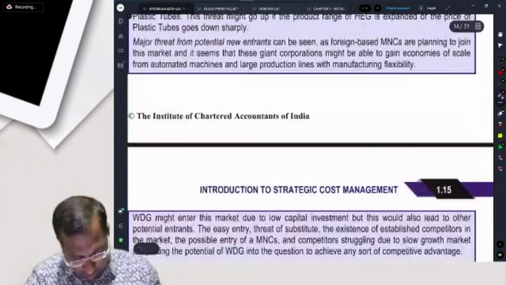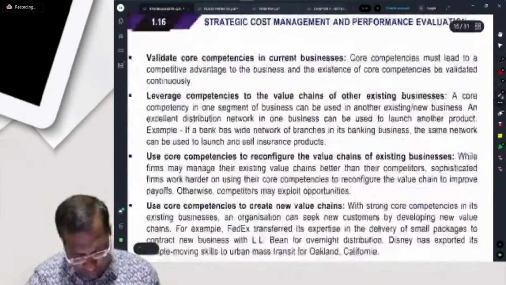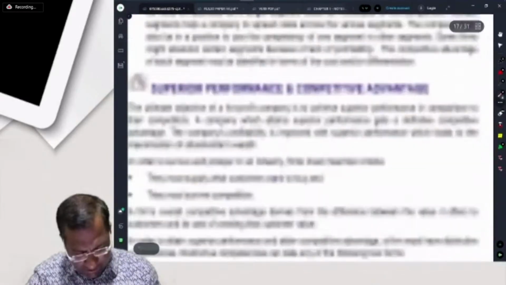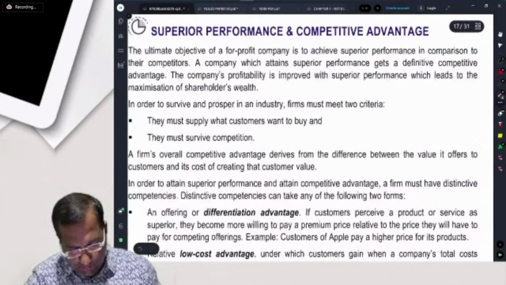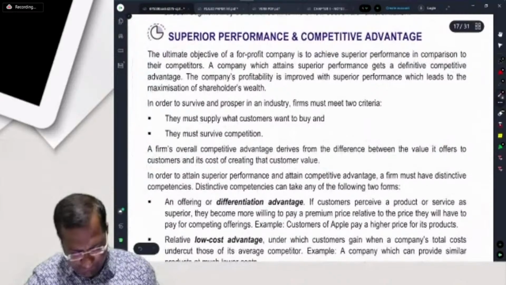Okay, beta. Now a very, very important topic in this particular chapter, that is competitive advantage. Please open page number 17.